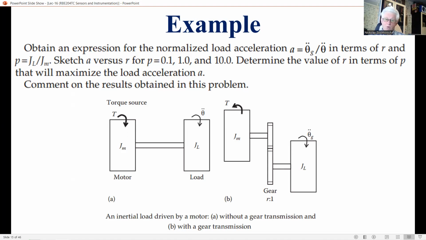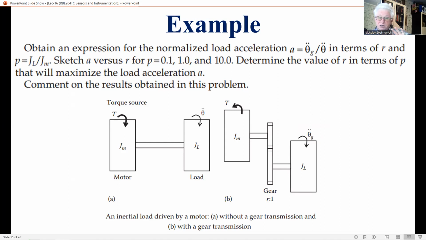Now, suppose that the load is connected to the same torque source through an ideal, meaning loss-free, gear of motor-to-load speed ratio r, as shown in figure B on the right side, where r is not equal to 1. What is the resulting acceleration theta double dot sub J of the load in this case?